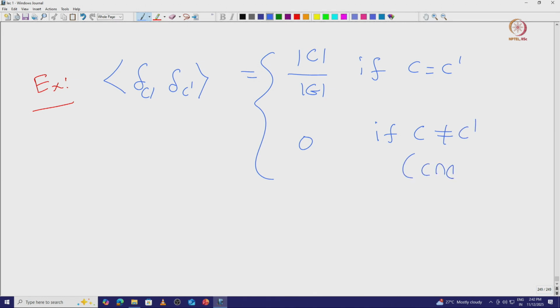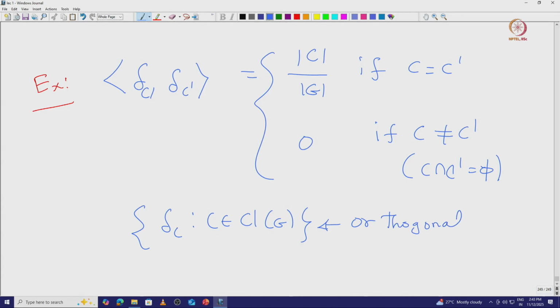That means C intersection C dash is empty. Now this tells you that the set delta C, where C runs over CL of G, is indeed an orthogonal set. That would imply that it is linearly independent.